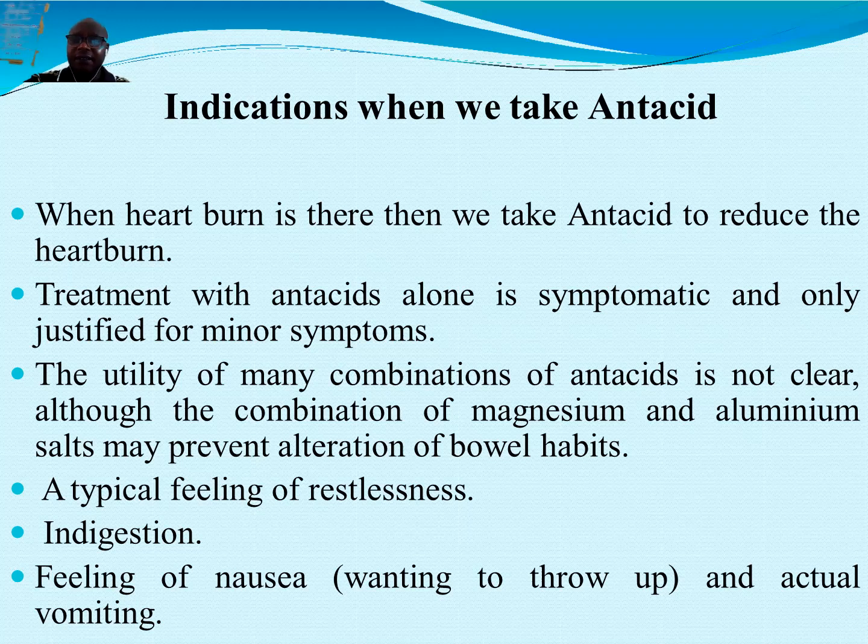Typically, feeling restlessness, indigestion, nausea and vomiting can sometimes be treated with antacids. And that is the end of today's topic about antacids. They are very important in practice, and they are even sold over the counter, and patients prescribe them for themselves. So it is very important for you to understand that.